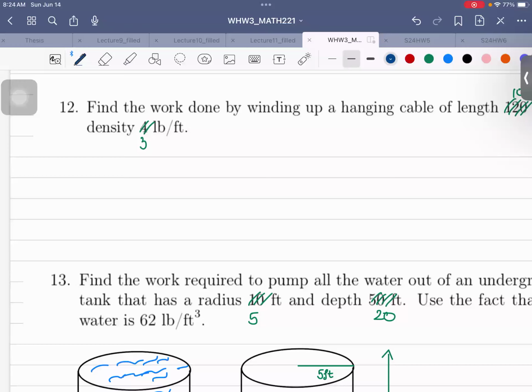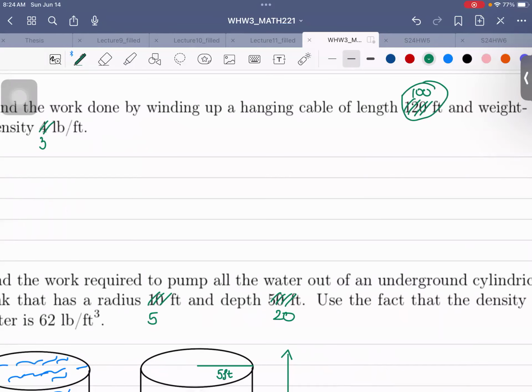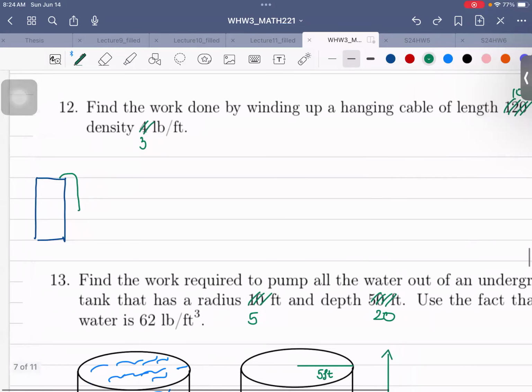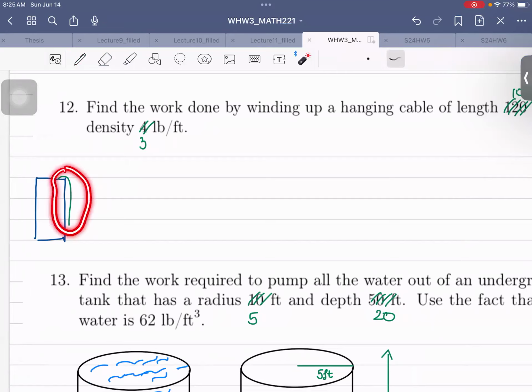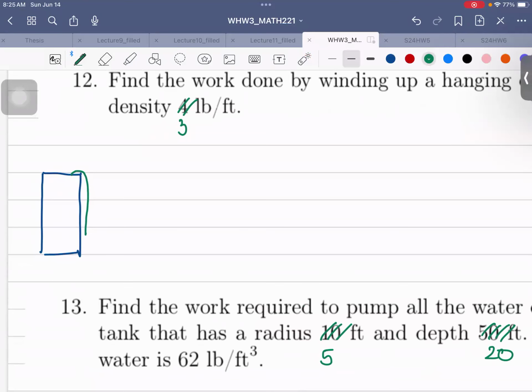So the idea of the question is you can think that you are standing at the top of the building, and there is some cable that is 100 feet long, and the question wants you to find the amount of work you need to spend if you want to take the entire thing to the top of the building.